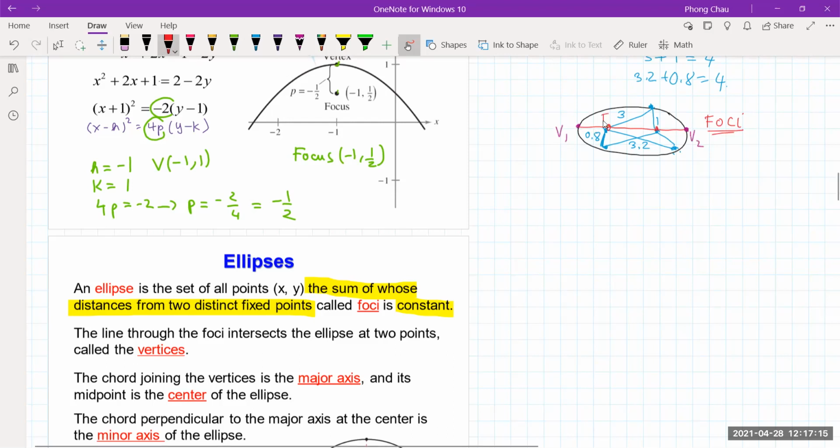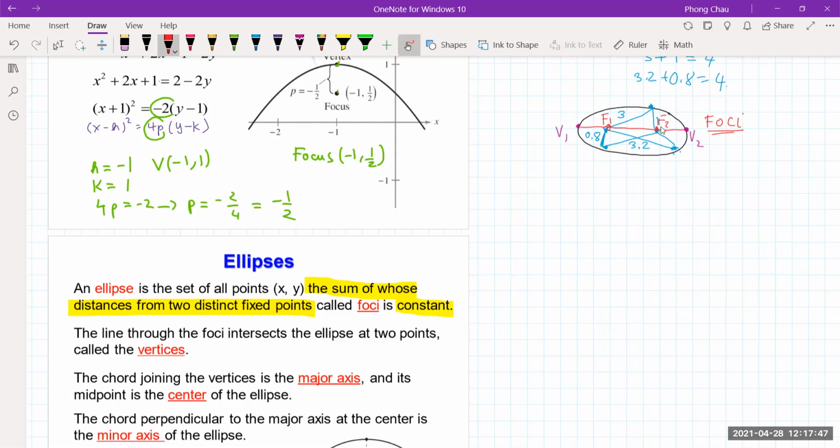And then you have focus 1 here, and then focus 2. The chord joining the vertices is called the major axis, so this chord right here inside of this ellipse, from V1 to V2. Its midpoint is called the center of the ellipse.